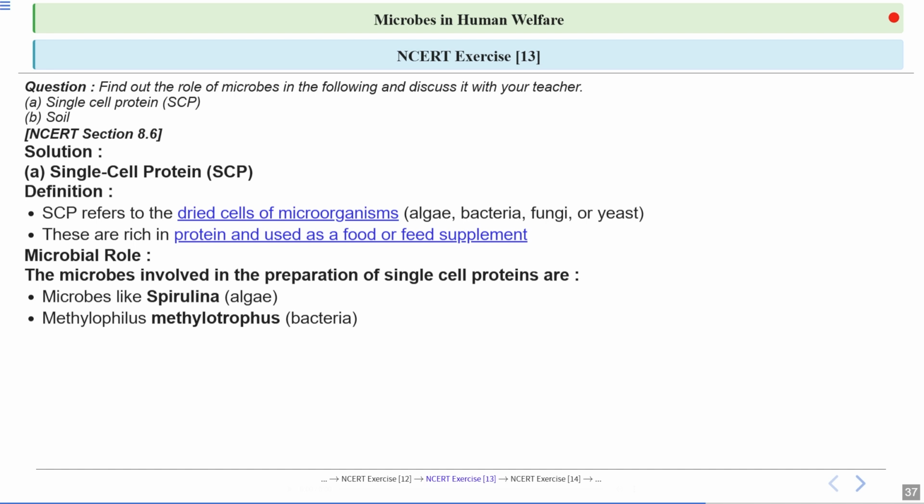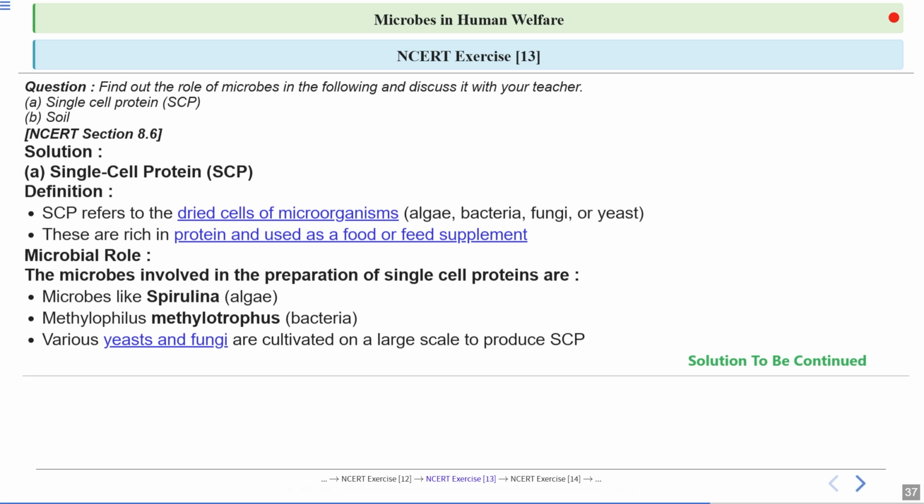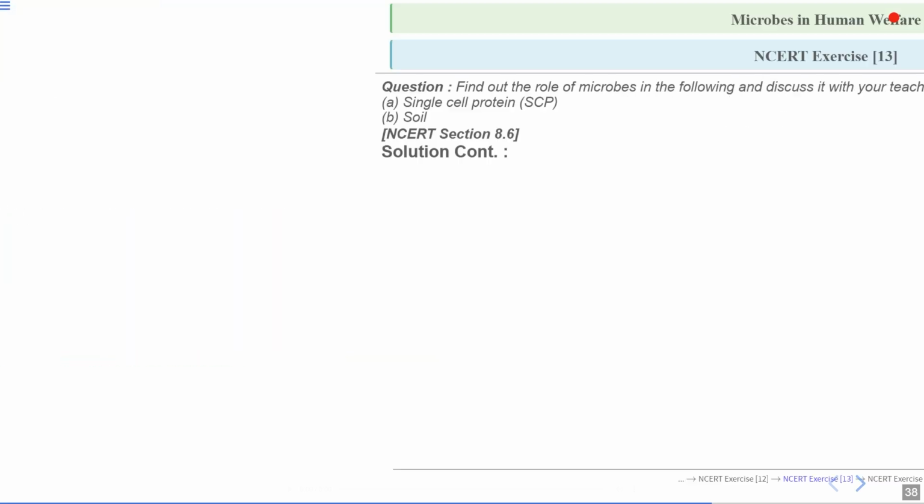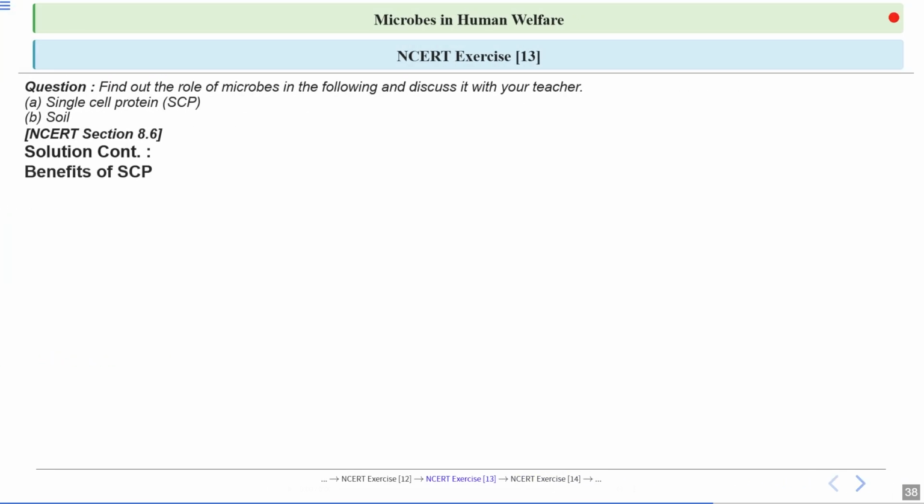Then Methylophilus methylotrophus, which is a bacterium, is also used for the preparation of single cell proteins. Then various yeasts and fungi are cultivated on a large scale to produce single cell proteins.